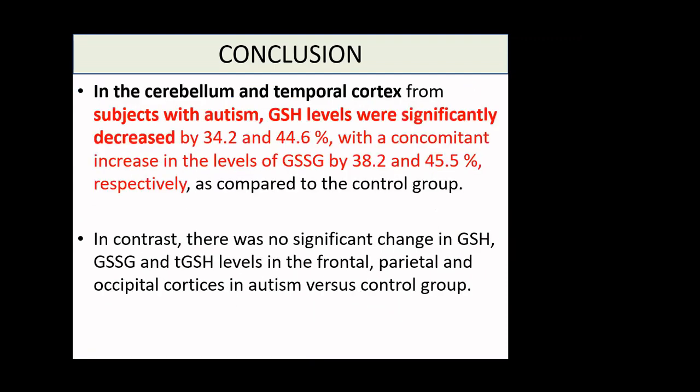What did they find? That in autistic subjects, glutathione levels, the active form, were significantly decreased by 34.2 and 44.6%, okay, with a concomitant increase of the inactive or oxidized form as compared to the control group.